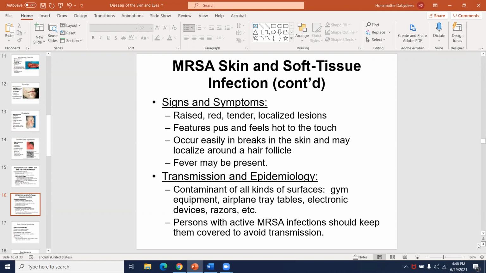It's a contaminant on just about any surface. Because if you have staph on your skin, chances are you're going to find staph all around your house. You sit somewhere in your house, on your sofa, on the chairs. You put your hands on your tables and whatnot. You lie in your bed. Your clothing, everything is contaminated with this staph.